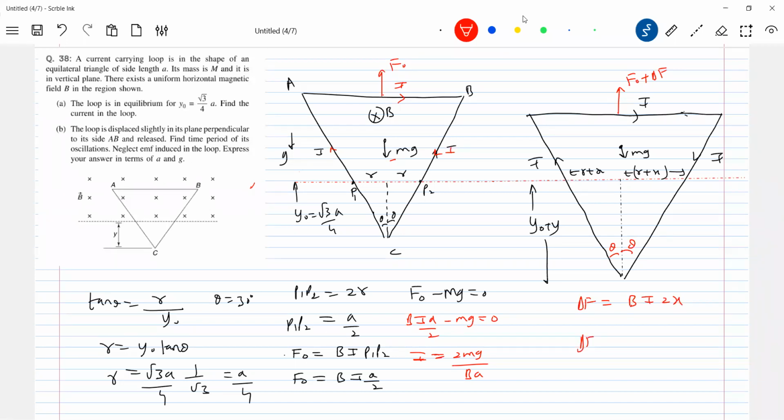This additional force is only what will set up an acceleration. The loop will have net acceleration here. So this will be equal to B. Value of I we already know from the previous one, 2 mg by BA. This is 2. What to do with x?